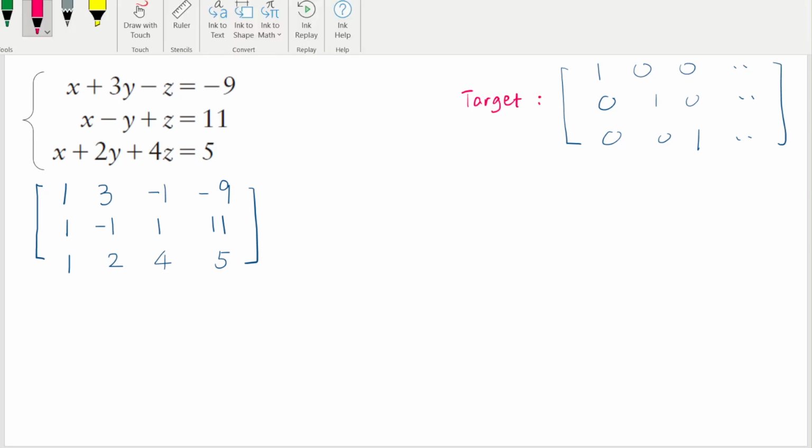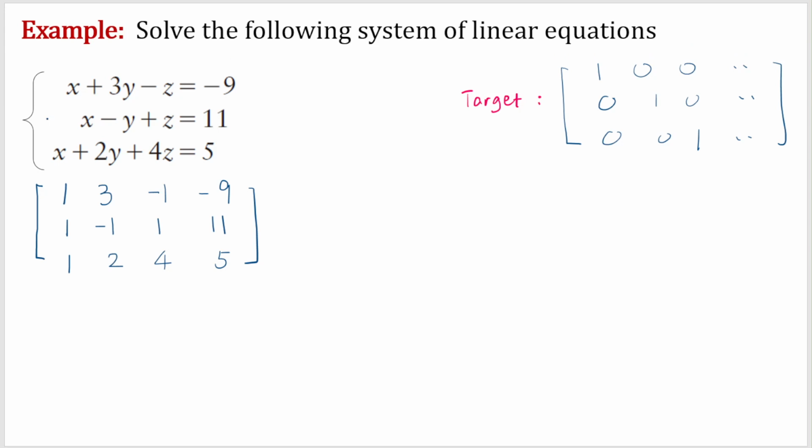First of all, as I said, usually we put the row that contains the smallest first number in the first position. But in this case, because they are all 1, we don't have to change the order of the equations.